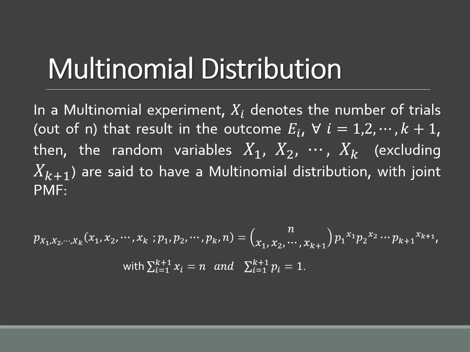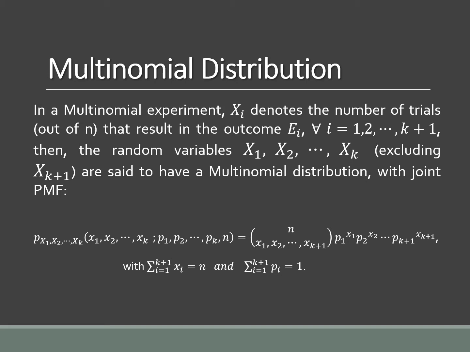Here we have X1, X2 up to X sub k because, as you would recall in your probability course, if you have k plus 1 number of categories, determining the number of outcomes for the first up to the kth category would determine the number of outcomes for the k plus 1 category. In some cases, the definition here is X1, X2 up to X sub k minus 1, and then you will exclude X sub k.